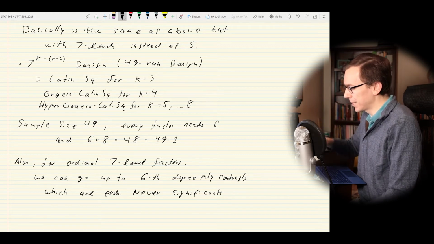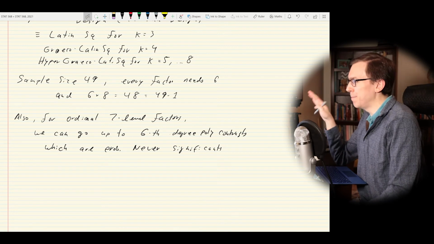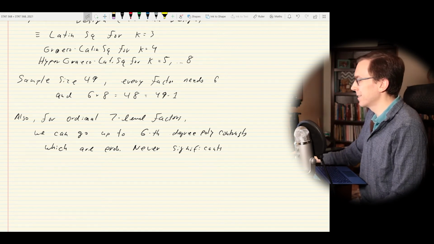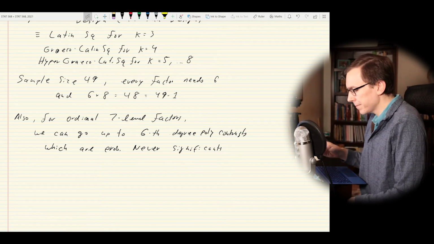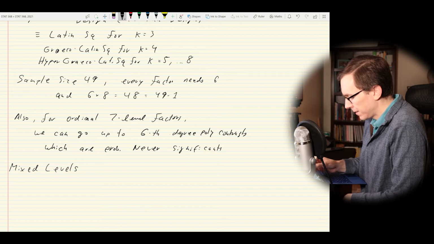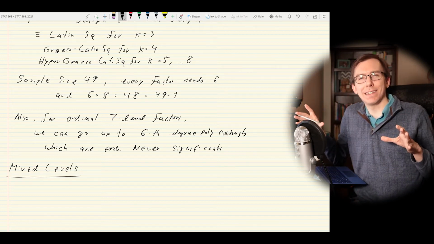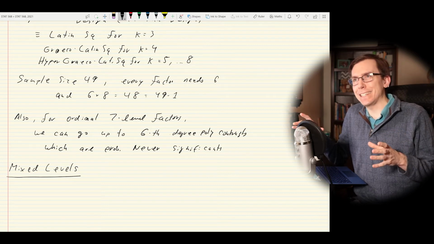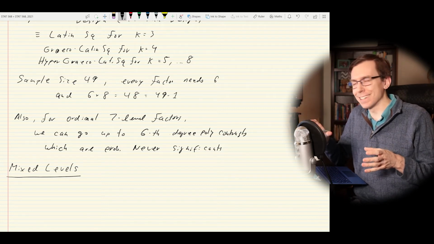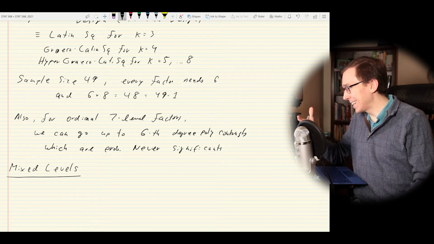Instead, because we're only about halfway through, I want to start talking about mixed level designs. So let's get into the idea of mixed levels. We're not going to get through all of this today. It's a little bit messy if we try to really dig into it in full generality.